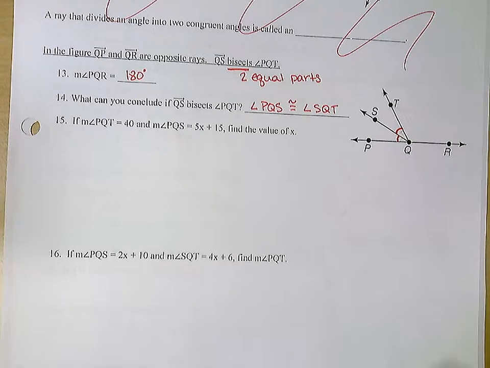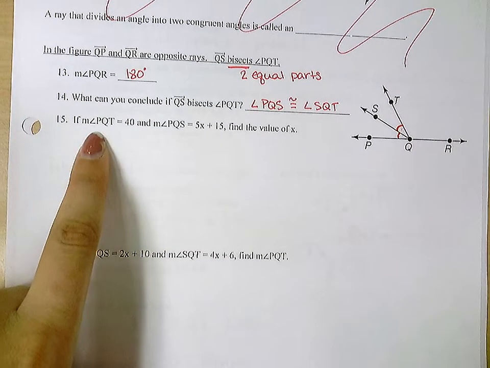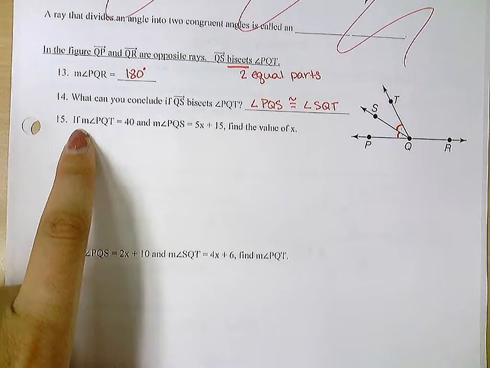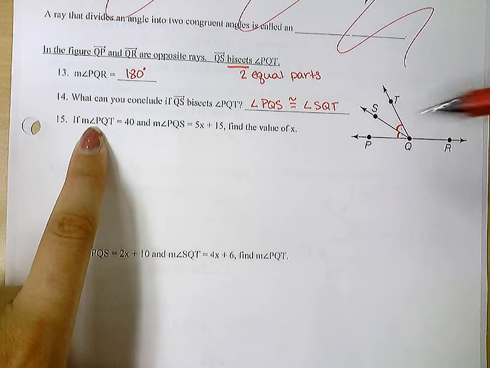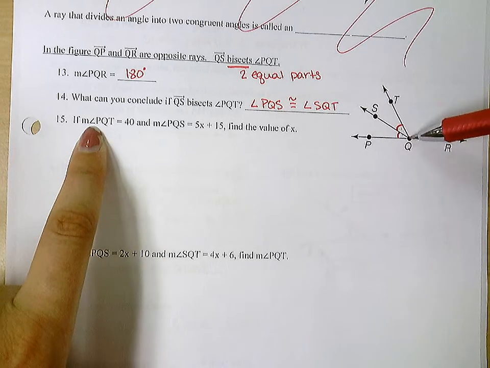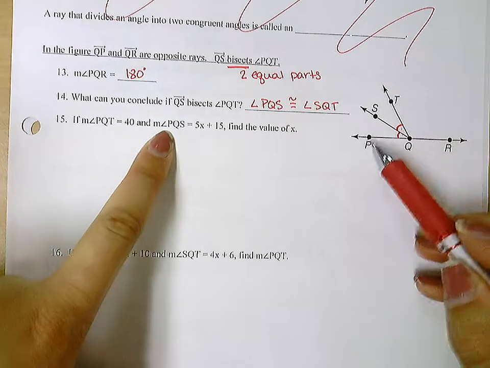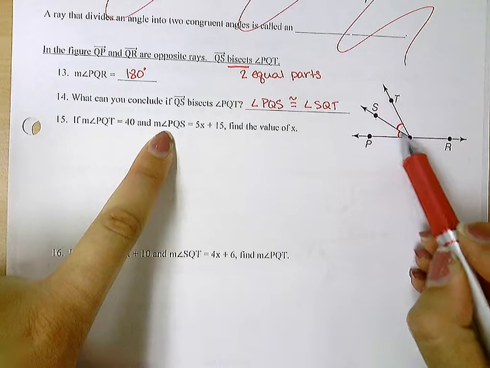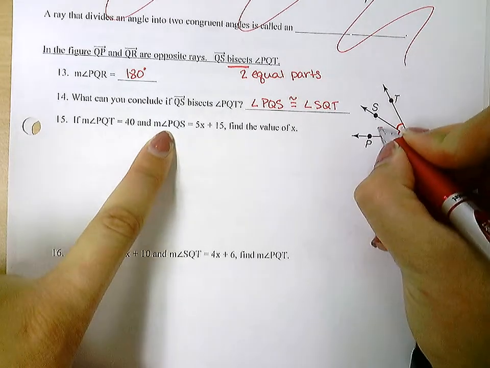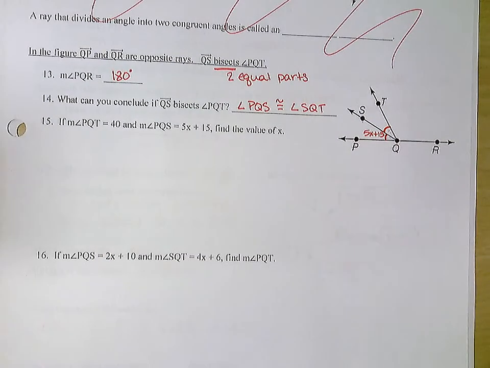So now, using that information, we're going to look at number 15 here. So if the measure of angle PQT, so the entire angle, is 40, and PQS, this angle right here, is 5x plus 15, we want to find the value of x.